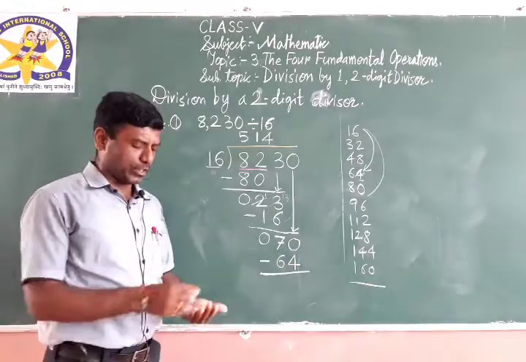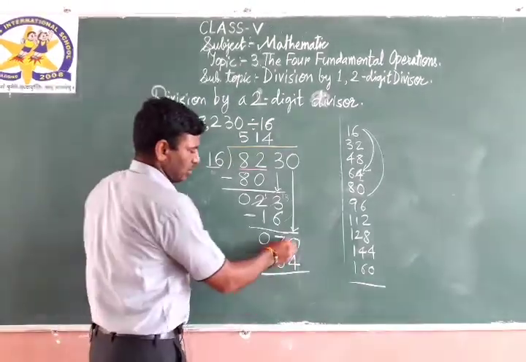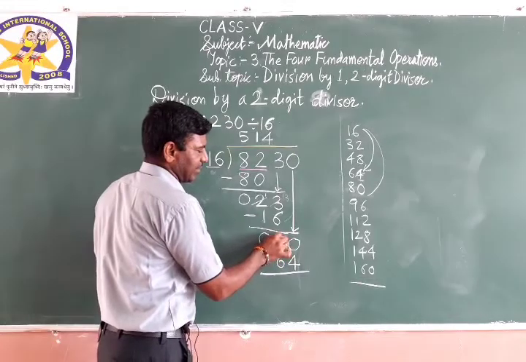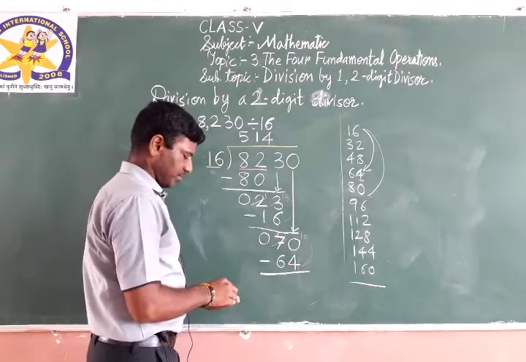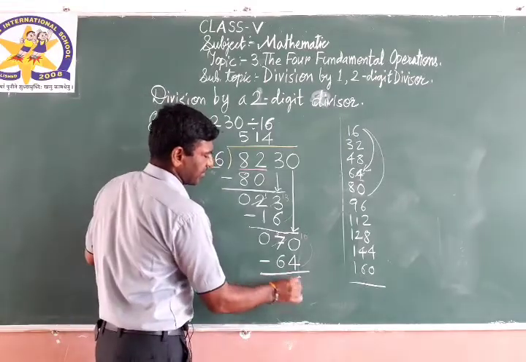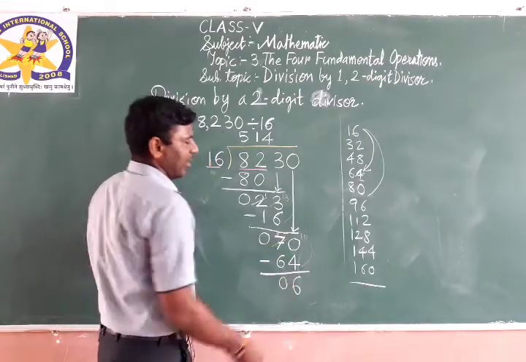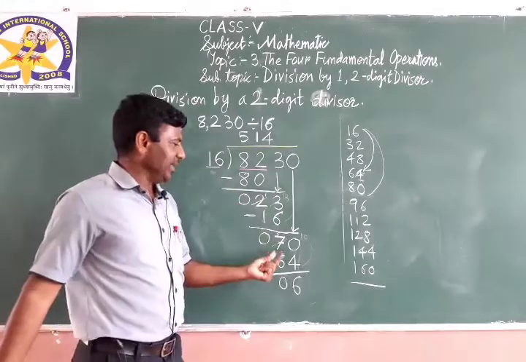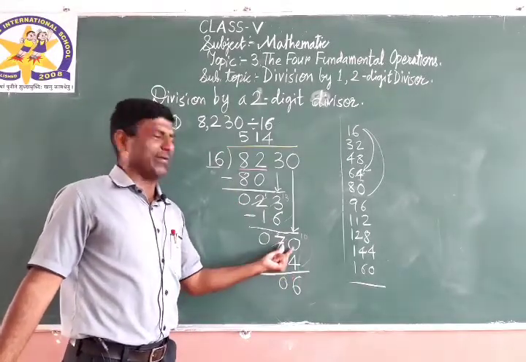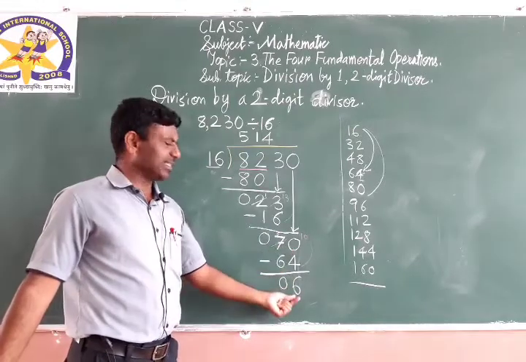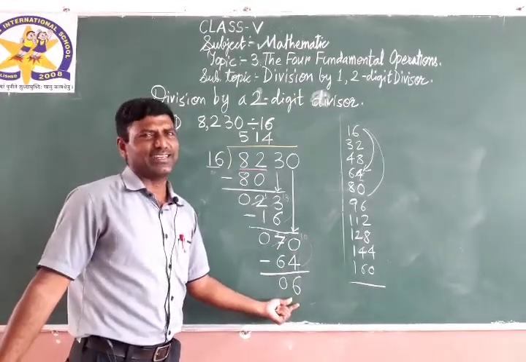Subtract 0 minus 4, possible? No. Borrow from 6, 7, 7 becomes 6. This 0 becomes 10. 10 minus 4 is 6, 6 minus 6 is 0. Or else you can do it easily orally: 70 minus 64. How much to add to 64 to make 70? 6. You can write 6 directly.